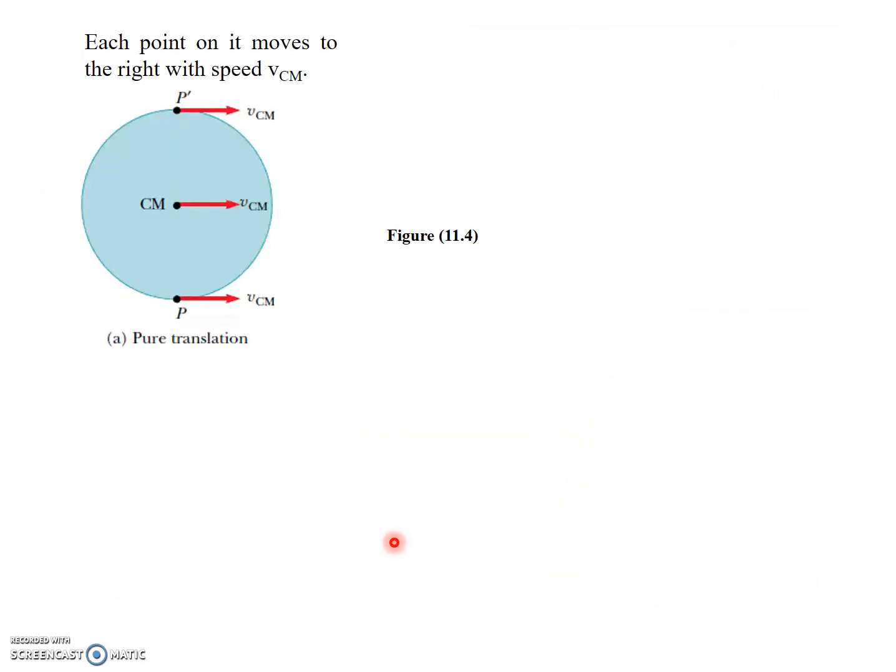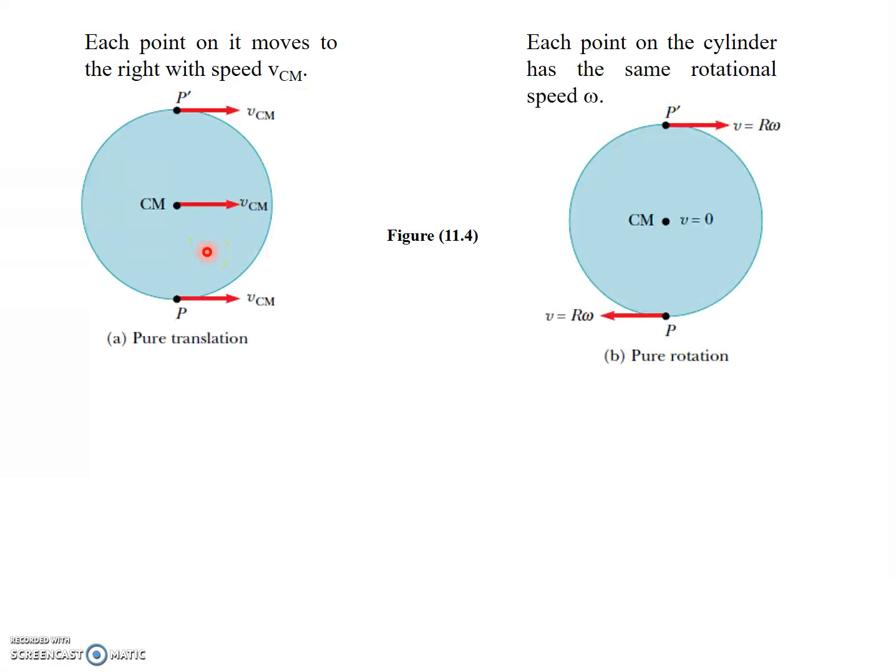Okay, let's look at pure linear motion. Each point moves to the right with the same speed, which is Vcm, the speed of the center of mass. And if we look at pure rotational motion, each point on the cylinder has the same rotational speed omega, but at the center the speed is 0, and it has the axis of rotation.